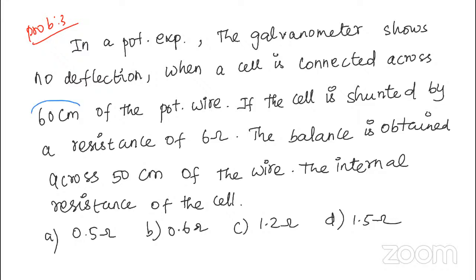Then the cell is shunted by the resistance, that is capital R. Then the balance is obtained across 50 centimeter of the potentiometer wire, so this is L2.